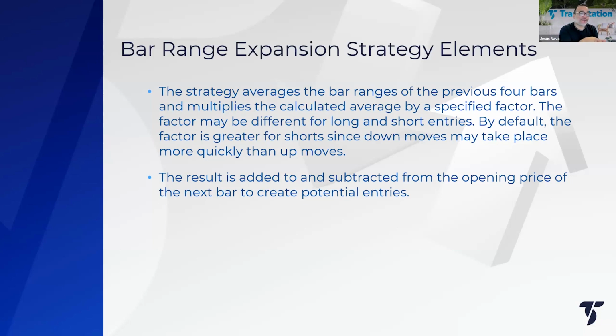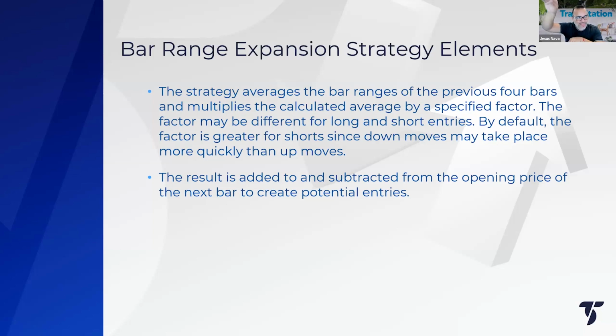So when we said at the very beginning that the strategy on every single bar is ready to enter a trade, it's because these calculations happen in the background. On every bar, we know what the average range is for the prior 4 bars. And it knows to multiply this range by a factor and then add it and subtract it to the opening price.